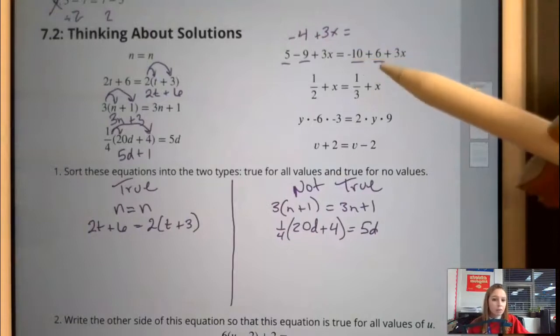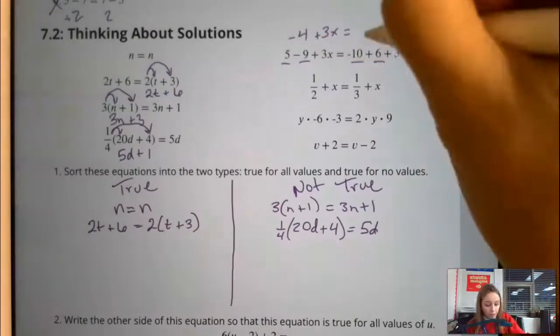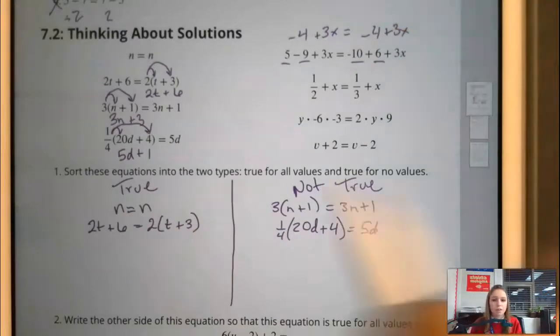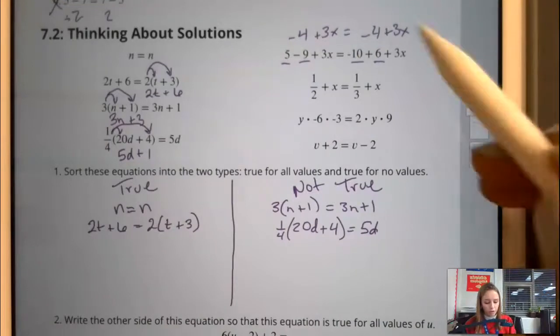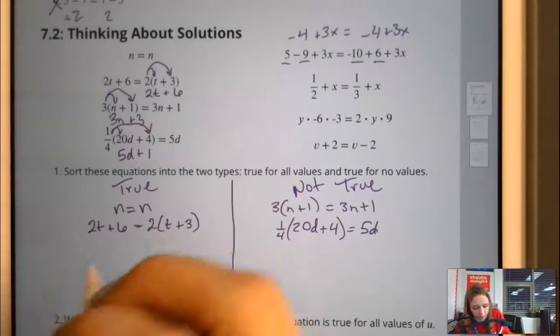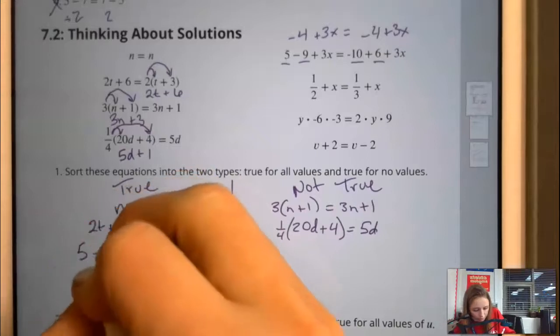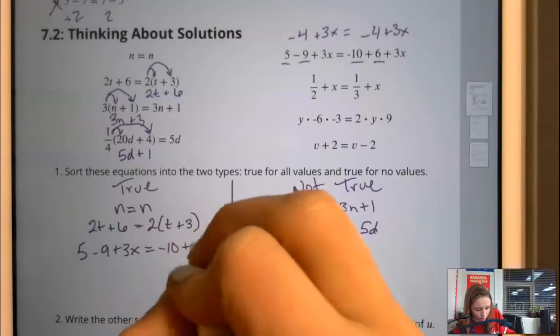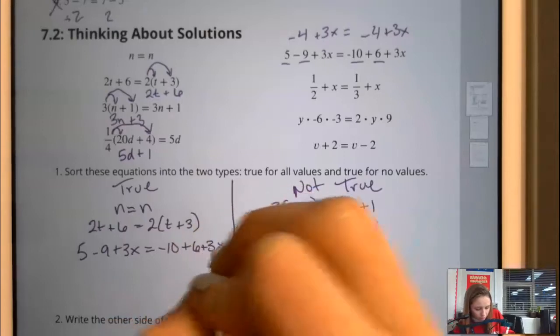Now negative 10 plus 6 would then give me a negative 4 plus 3x on the right. Now those are equal, so since they are equal, we know that this would be true for all values. So I plug in any kind of number, and I'd always get the same on both sides. So 5 minus 9 plus 3x equals negative 10 plus 6 plus 3x.